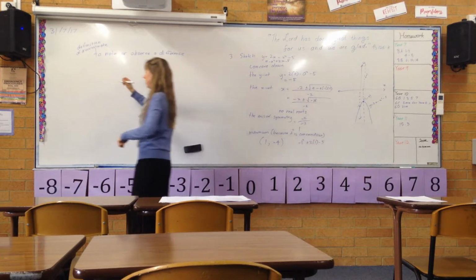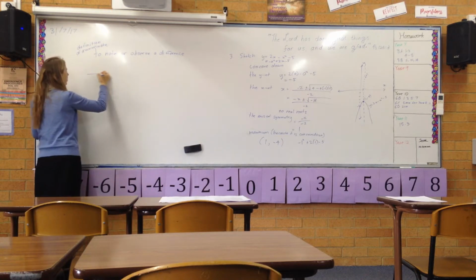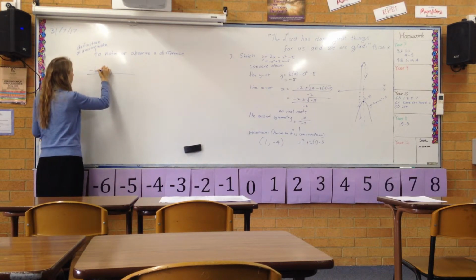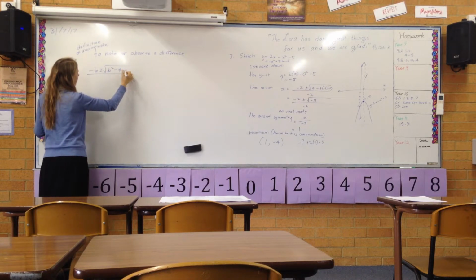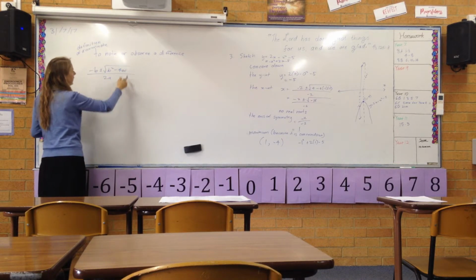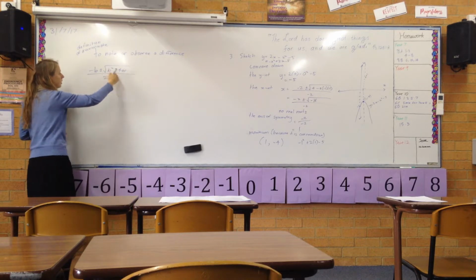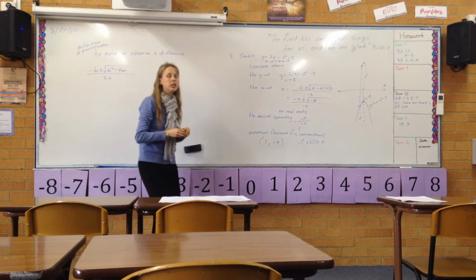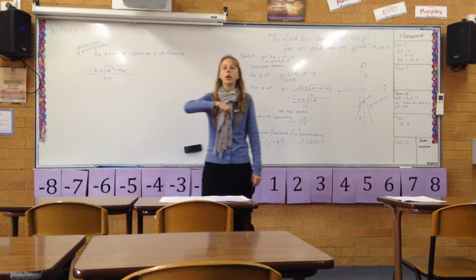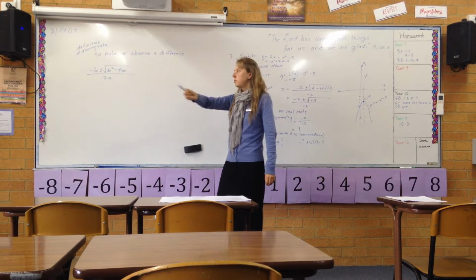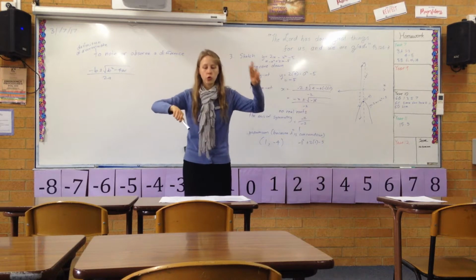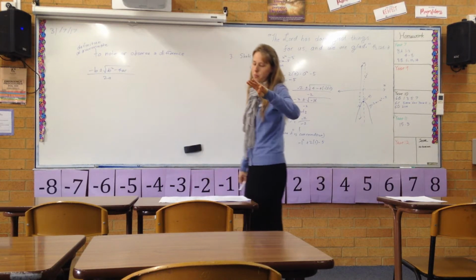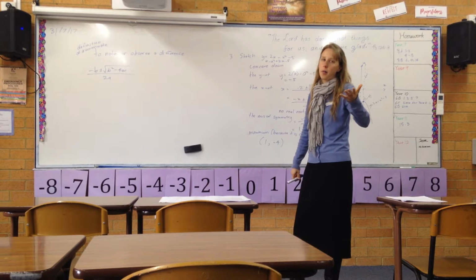So, let me write the quadratic formula out. Plus minus the square root of b squared minus 4ac over 2a. This part here is the part that discriminates or shows the difference between whether there is one root, two roots, or no root.